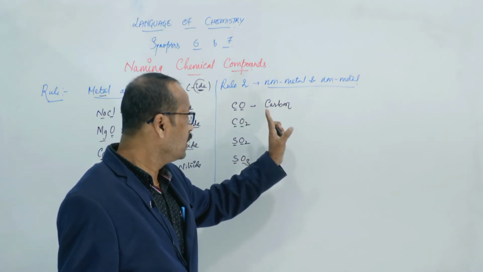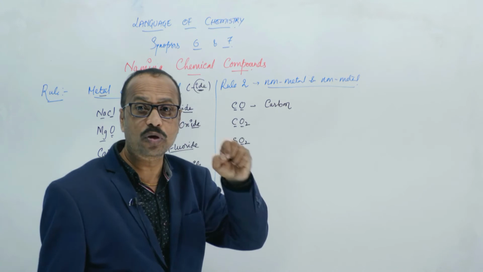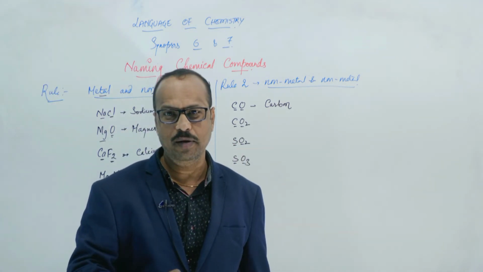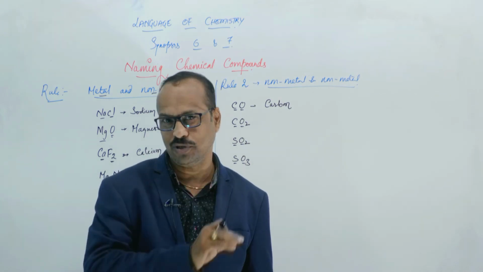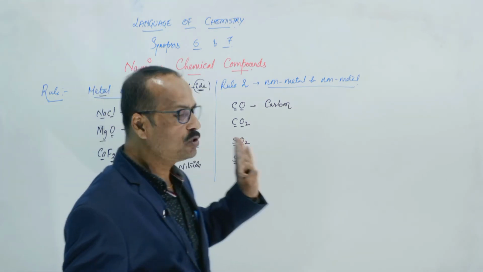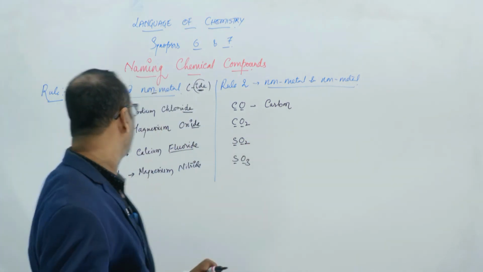But how many oxygens are there? Only for the second element, you have to represent how many atoms are there. Here only one is there. So you have to remember that.